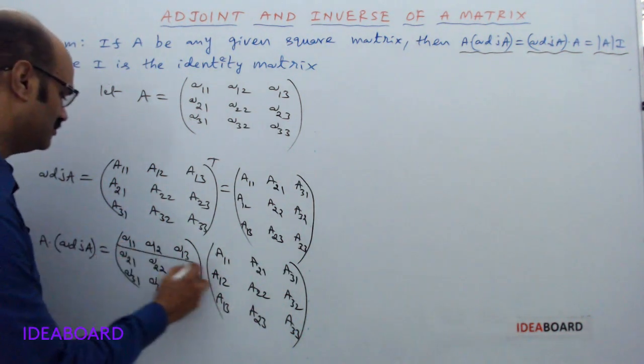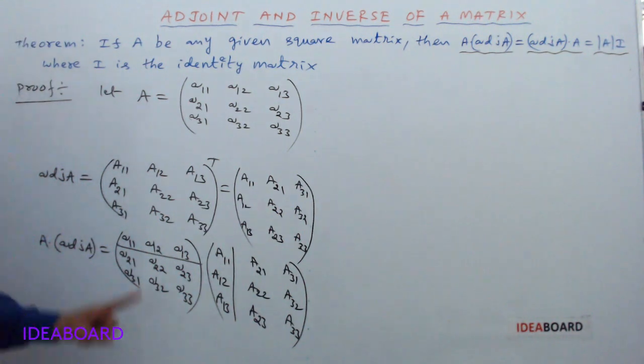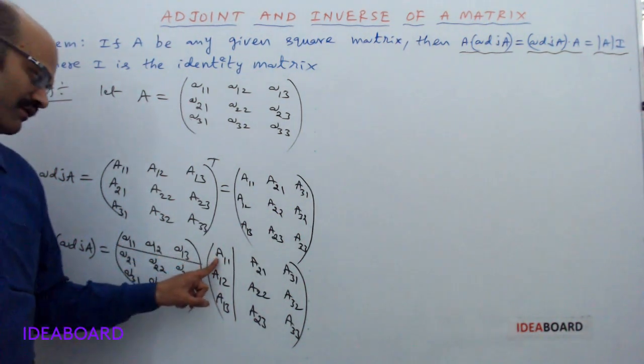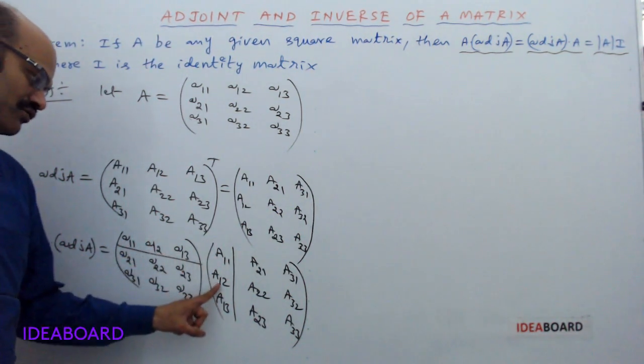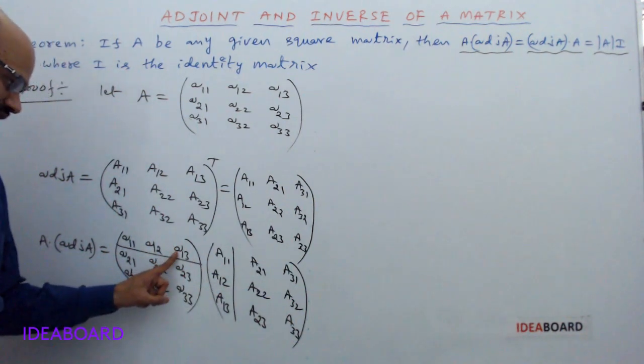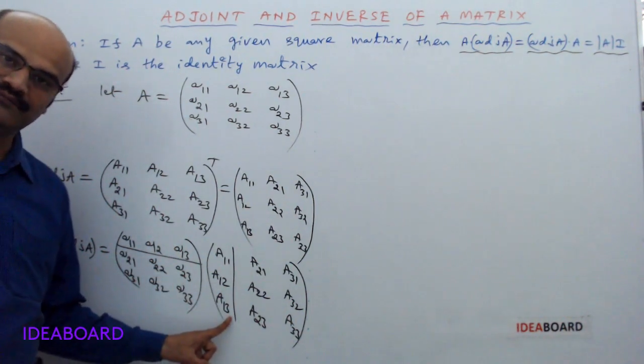So first row into first column: a11 into A11, a12 into A12, a13 into A13.